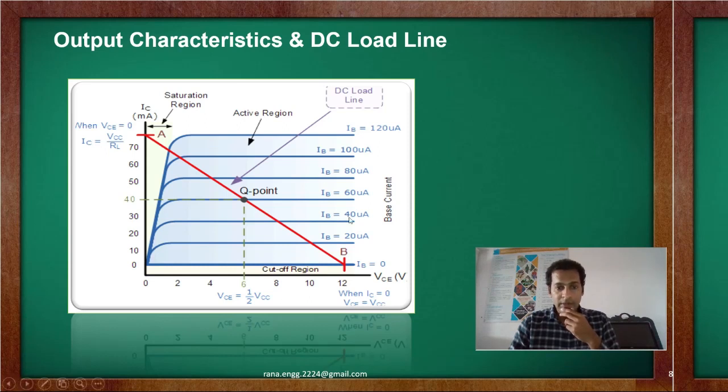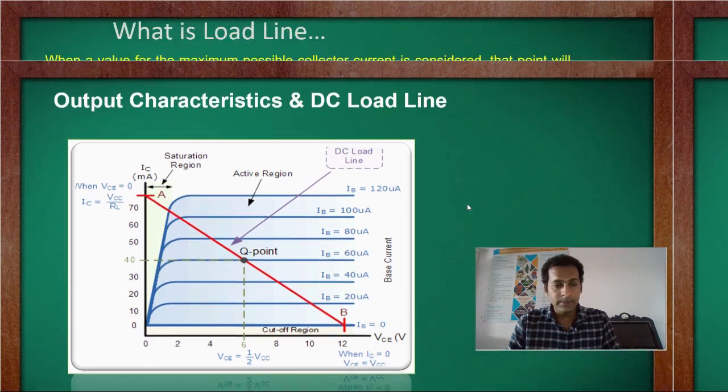We keep increasing the value of IB, and this increment of IB gives rise to various graphs. On this graph we have seen the active region, cutoff region and saturation region. So for understanding this, let us discuss the DC load line in detail.